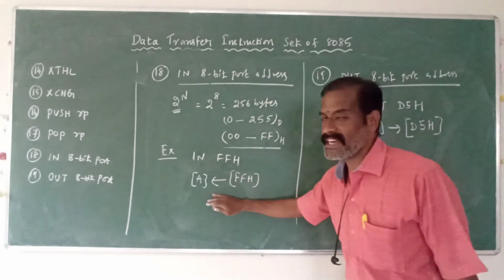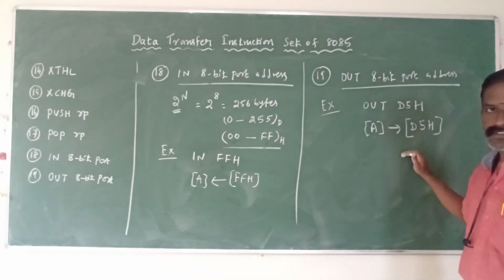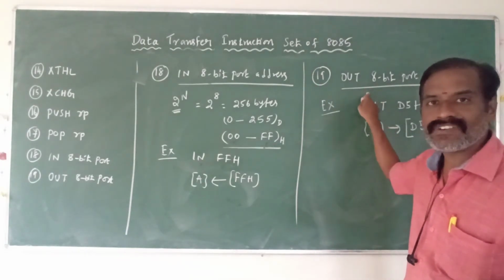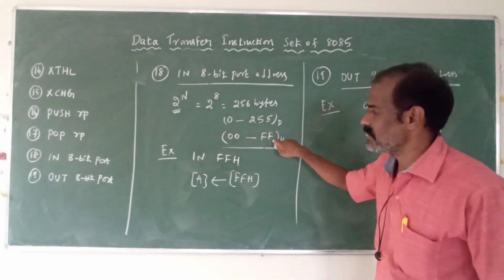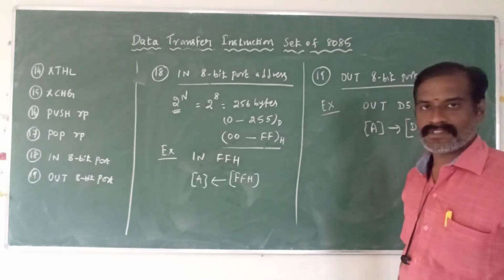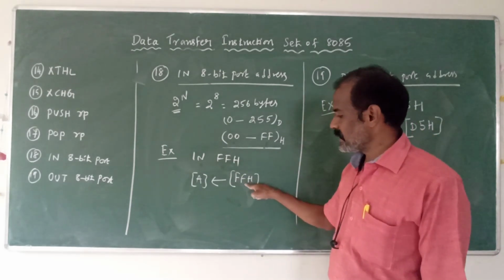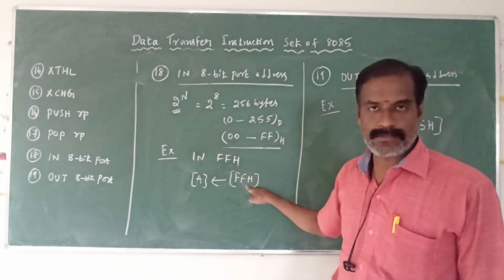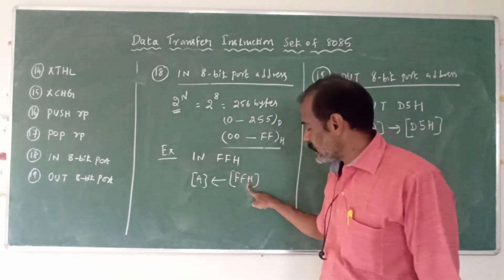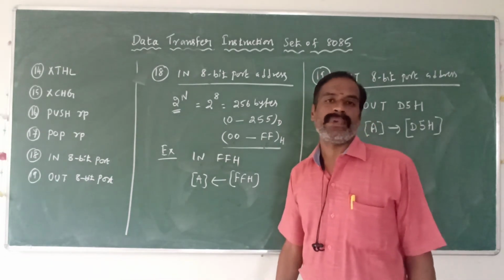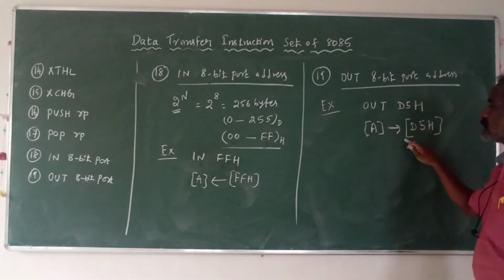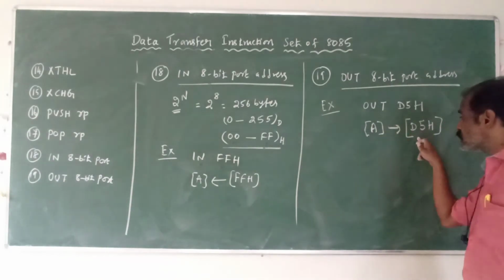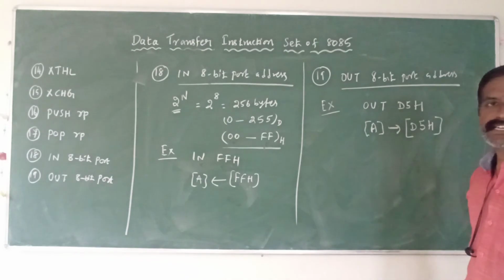Okay, this is for the read operation and this is for the write operation. Both addresses will be 8-bit. According to the hardware circuit diagram, the address will be between 00 to FF. This is the operation to read the data from either a keyboard or a switch through the given 8-bit port address. The read data will be moved into the accumulator. And OUT 8-bit port address means the accumulator data is written into the given 8-bit port address.